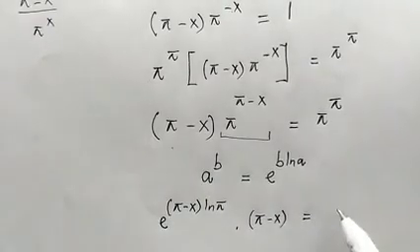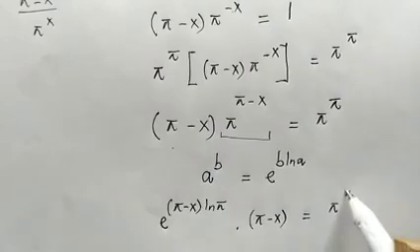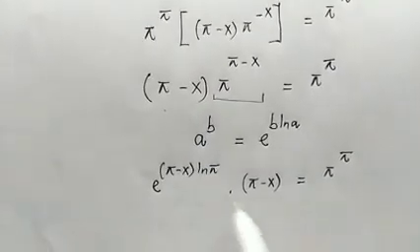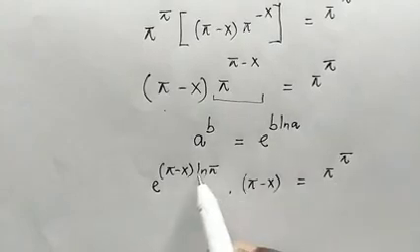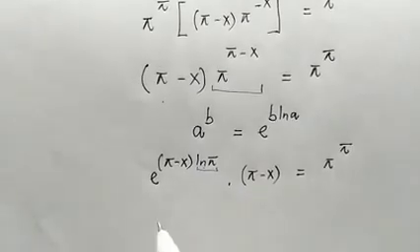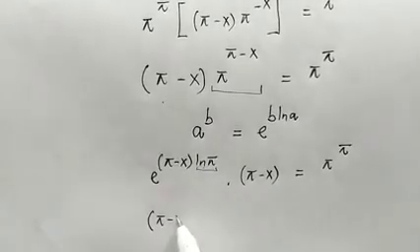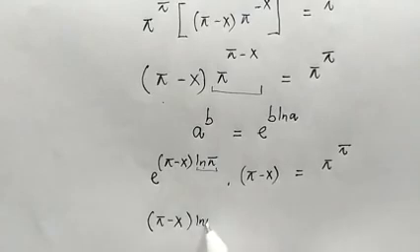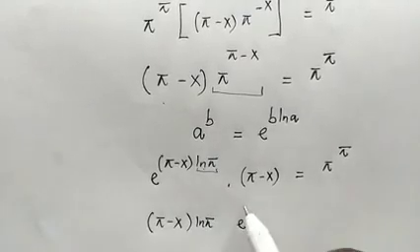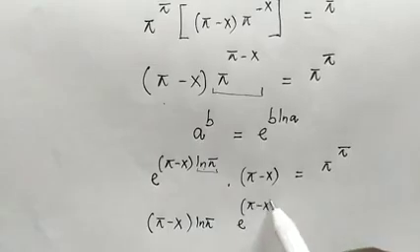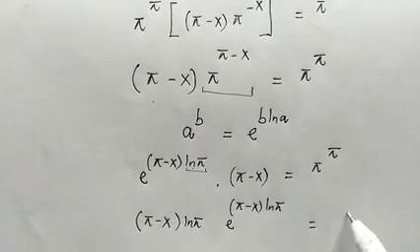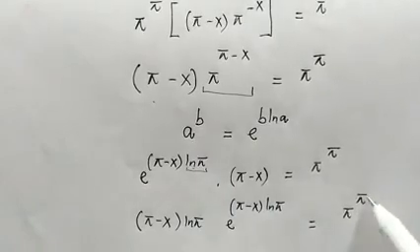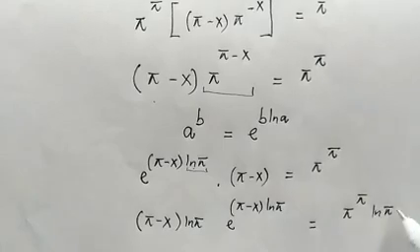So this will be equal to pi raised to the power of pi. Now we need to make the power of e equal with this, so we just need to multiply both sides by this natural log of pi, right? So we get pi minus x times natural log of pi multiplied by e raised to the power of pi minus x times natural log of pi. This is equal to pi to the power of pi times natural log of pi.